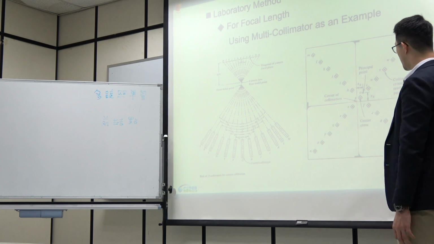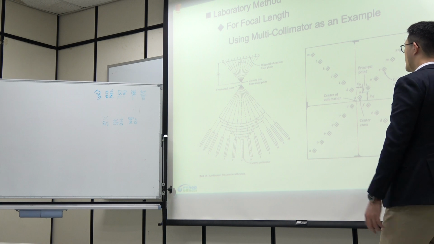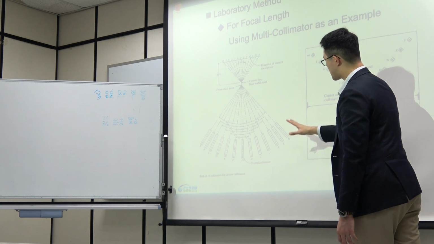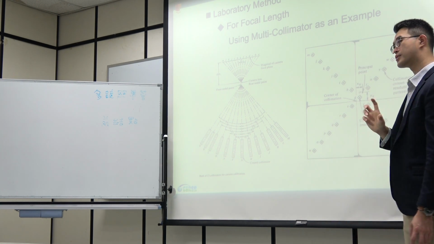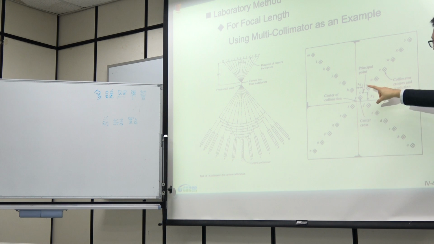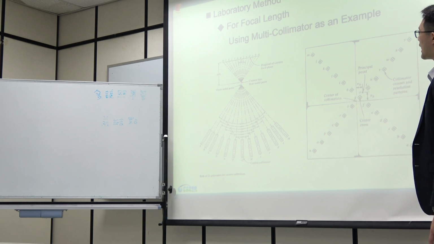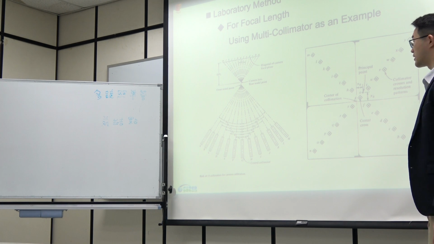Okay, so what we can do later is use those collimators to calculate the focal length of this camera. We can use those collimators and their corresponding locations on the image to calculate the focal length.